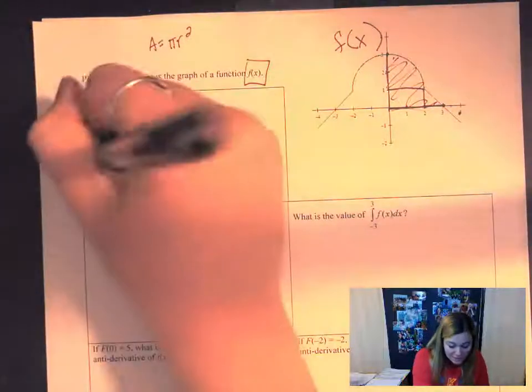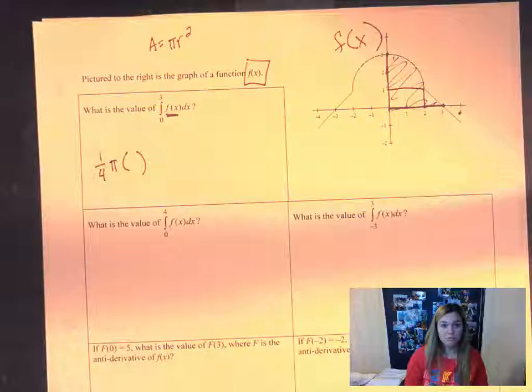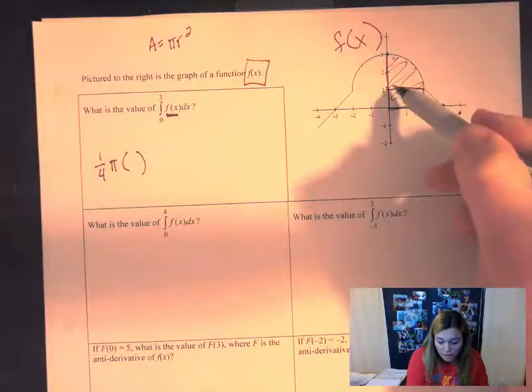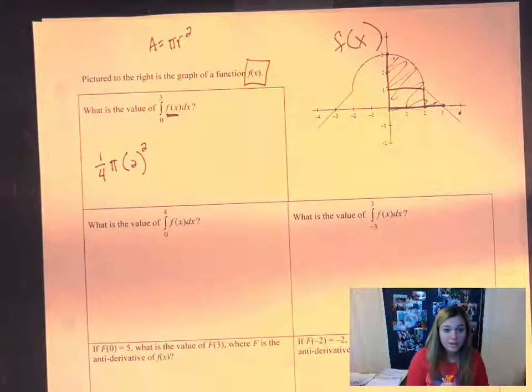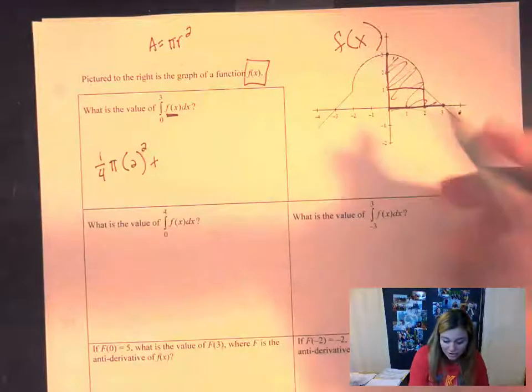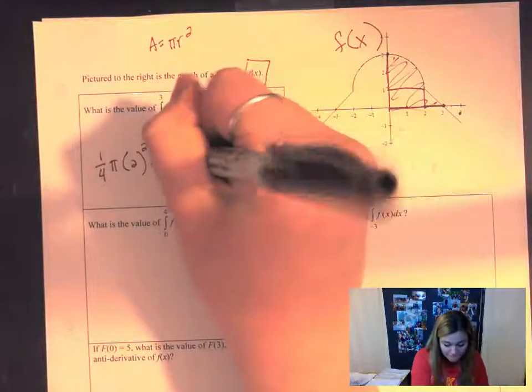So this one I'm taking 1/4 pi, because it's only 1/4 of a circle. The radius is 2, plus I'm going to add this area of a rectangle, which would be 2 times 1, I get 2.